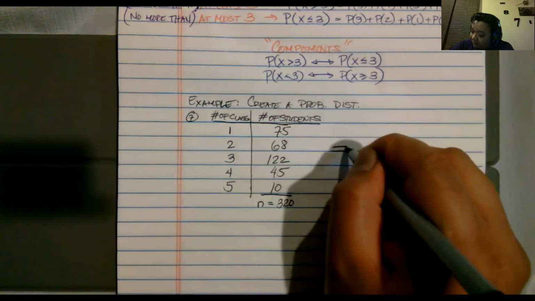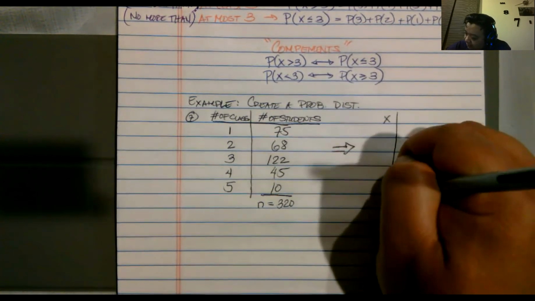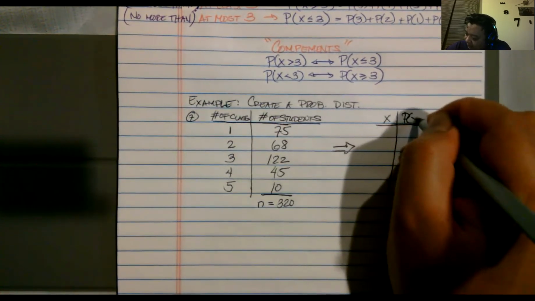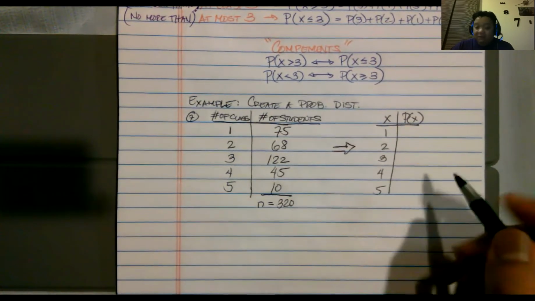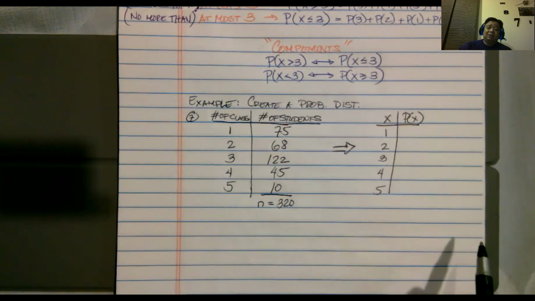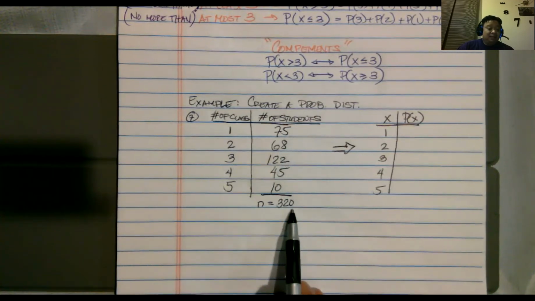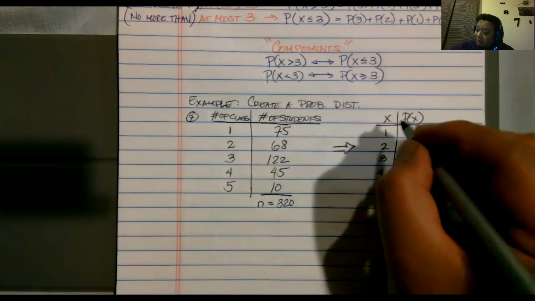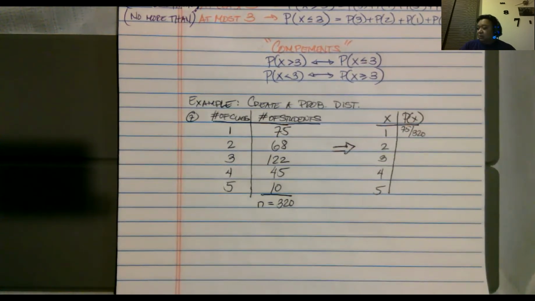Based off of this, you can now create an x and p of x, and this is 1, 2, 3, 4, and 5. The probabilities are simply the relative frequency, which is the frequencies divided by your sample size, 320. So the first one is 75 divided by 320. Using your calculator, 75 divided by 320.